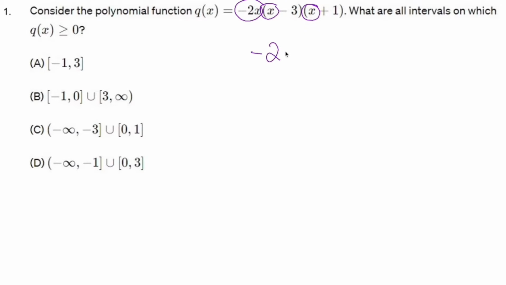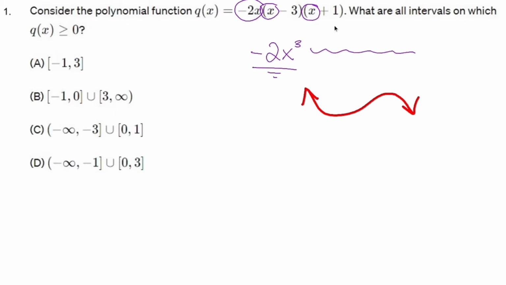Negative 2 times x times x times x is negative 2x cubed. The rest is, you would FOIL it out, and it doesn't really matter. Why am I doing this? Well, this gives us the behavior of the graph, what the graph is going to look like. It's cubic. It's negative. It's going to look a little something like this.